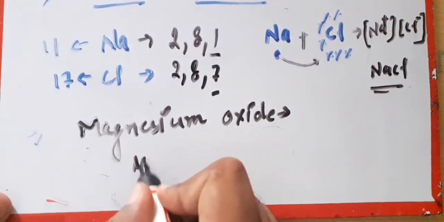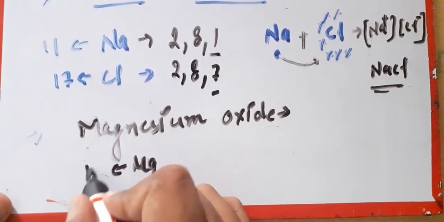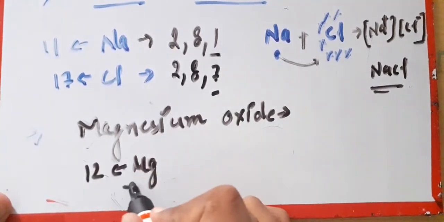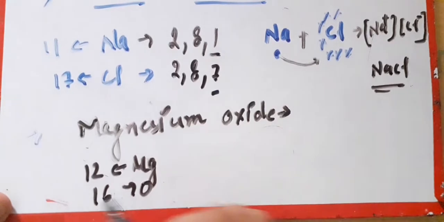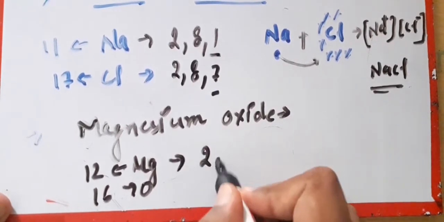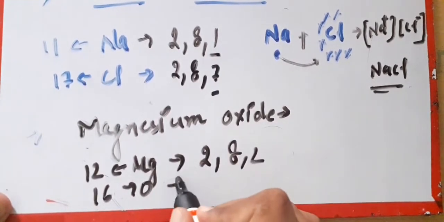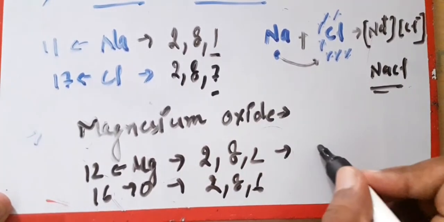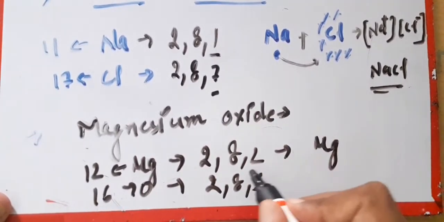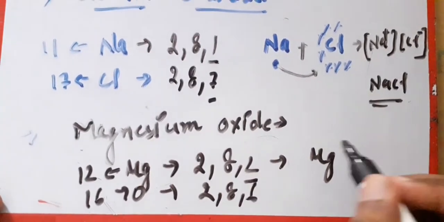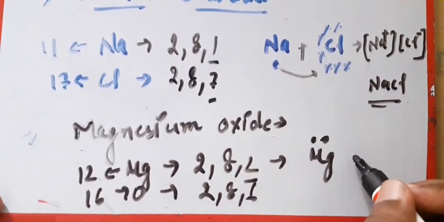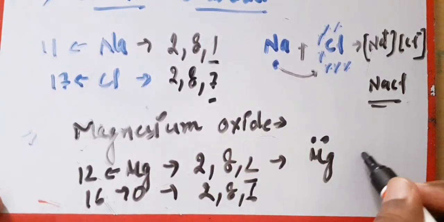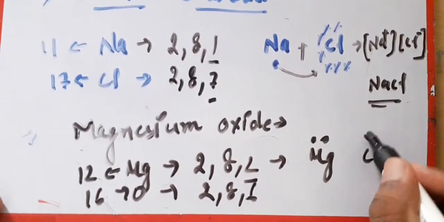Mg has atomic number 12 and oxygen has atomic number 8, so the configuration becomes 2, 8, 2 and 2, 6, right? Mg has 2 electrons in the outermost shell, and oxygen has 6 electrons in the outermost shell.